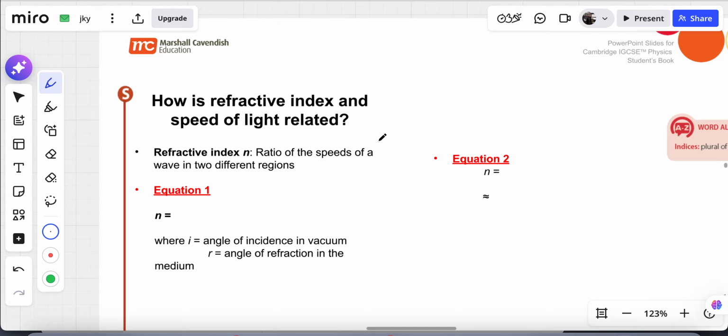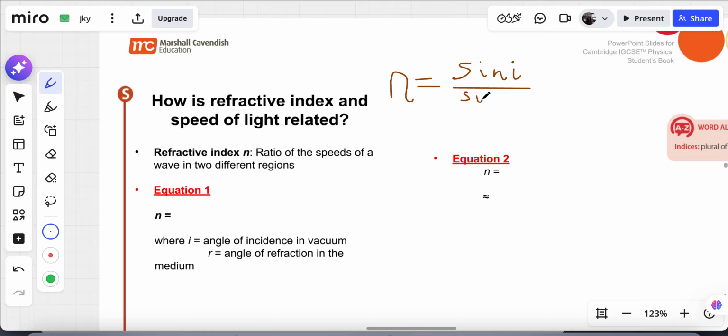We've already taken a look at the formula. You can write refractive index in so many ways. First of all, remember the first one we talked about was that refractive index is sine I over sine R, which is Snell's law. If they ask you to state Snell's law and you don't know how to state it, just write refractive index n equals sine I over sine R. R in this case is the angle of refraction, not the angle of reflection.